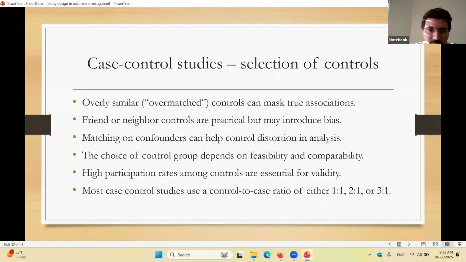Overly similar or overmatched controls can mask true associations. So we should prevent overmatching the cases and controls. Friend or neighbor controls are practical but may introduce bias. Matching and confounders can help control distortion in analysis.